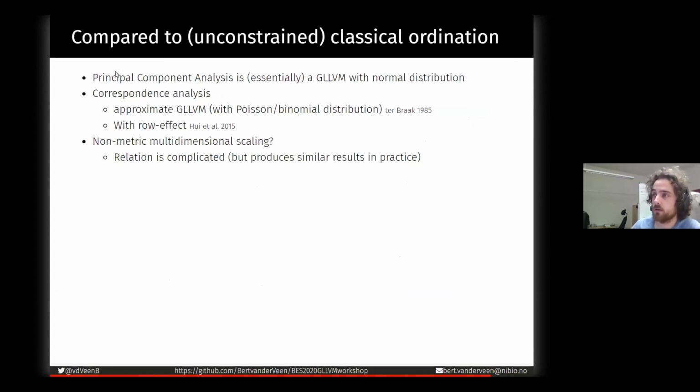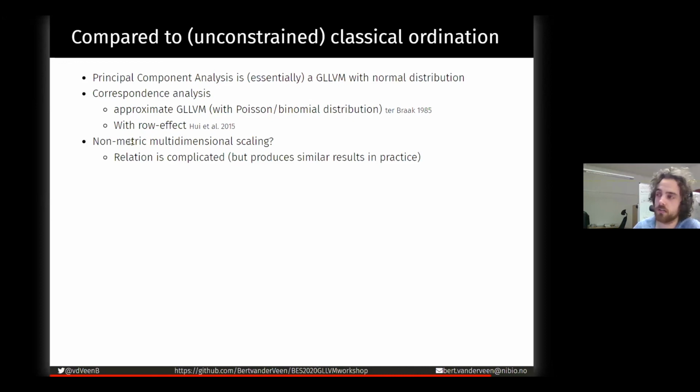Compared to some classical ordination methods, principal components analysis is essentially a generalized linear latent variable model if you assume a normal distribution and if you treat the site scores as fixed effects. Correspondence analysis is an approximate generalized linear latent variable model with a Poisson or binomial distribution and with a row effect. Right, so a row effect is an additional site-specific intercept. Again, ordination scores act as fixed effects.